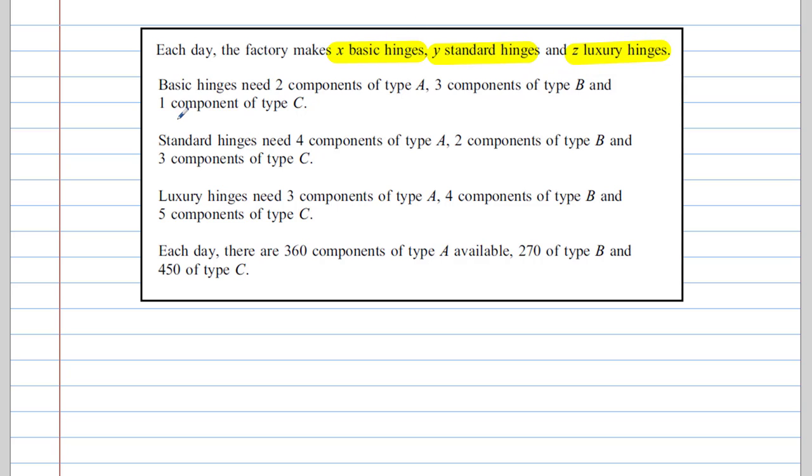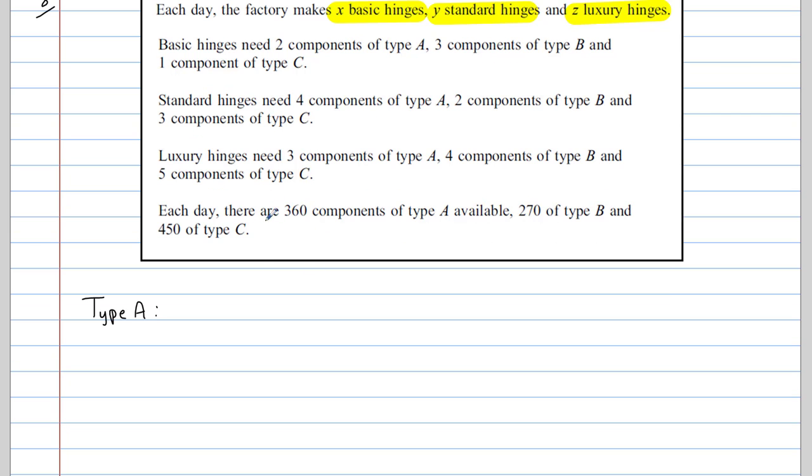The first constraint I'm going to put together is going to involve components of type A. So I know from the bottom here that there are 360 components of type A available, and I'm going to write an expression which represents the number of type A components that I've used. So let's imagine I'm making some basic hinges. I need 2 components of type A. And if I made X of those, I would need 2X components, 2 times the number of basic hinges I make.